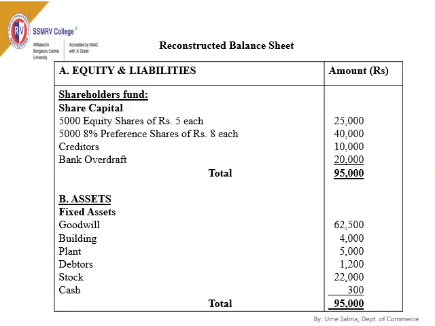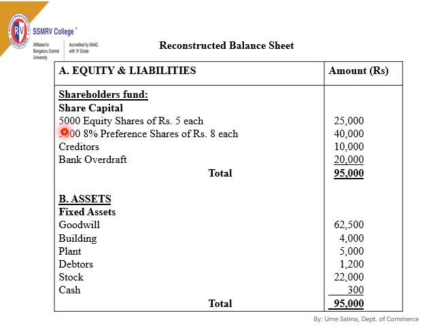Now we have to prepare the reconstructed balance sheet. We will start with our share capital, with the new changes whatever is done. So we are going to show this in our new balance sheet, that is nothing but the reconstructed balance sheet. So 5,000 equity shares of 10 each were shown in your earlier balance sheet, but our changes have been made to 5.